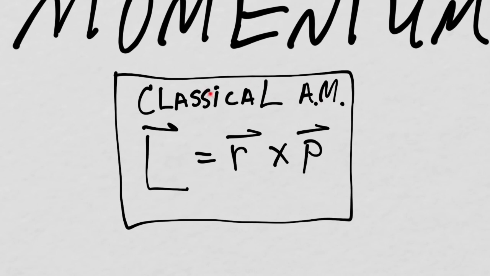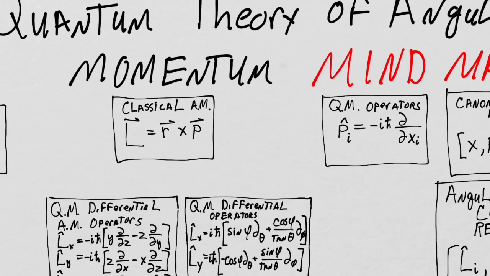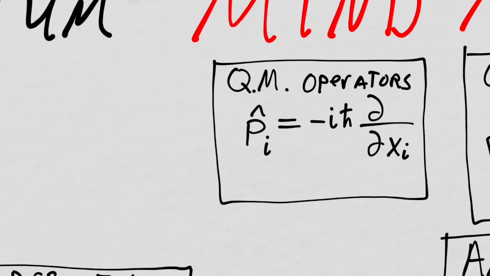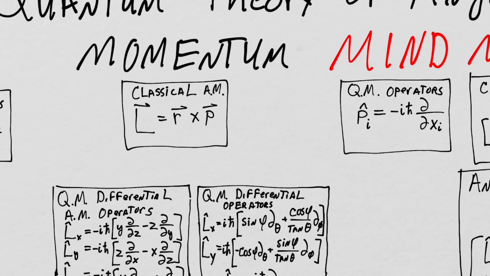We go to the classical theory, and then we start replacing everything with quantum mechanical operators, right? So in this case, we would go to the quantum mechanical operator for momentum, and we say, okay, every place in the classical theory where I see momentum, I'm going to place this differential operator d by dx.